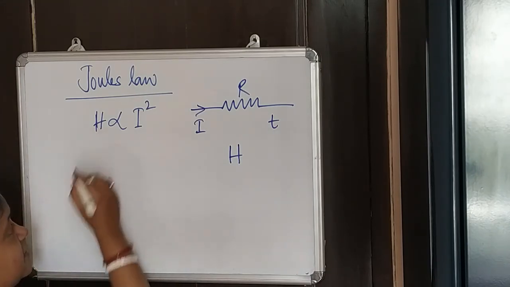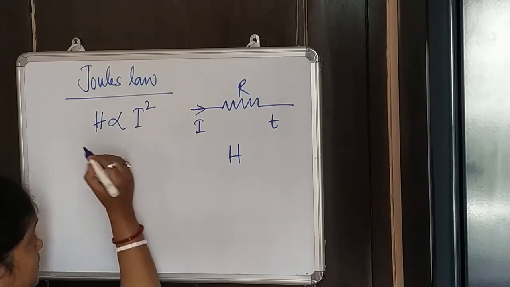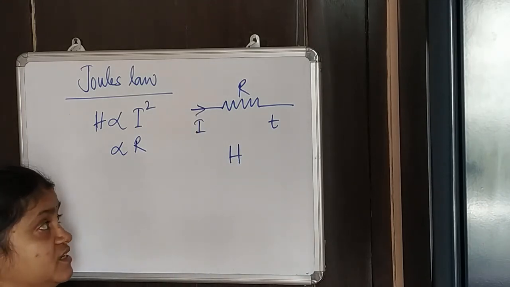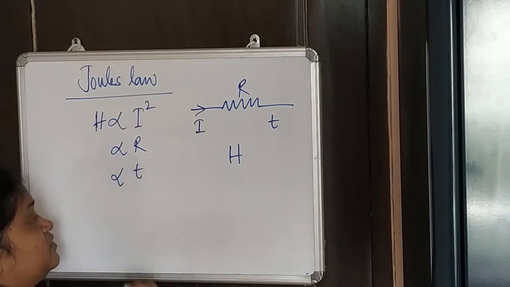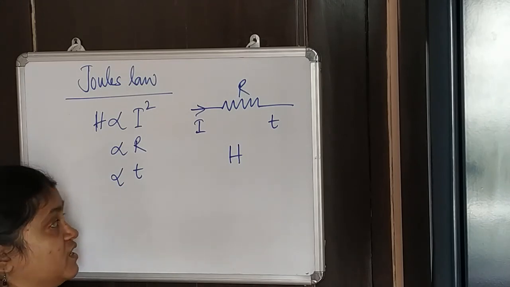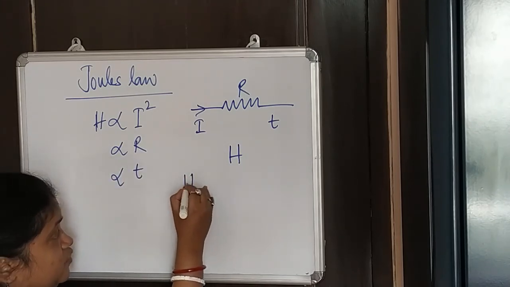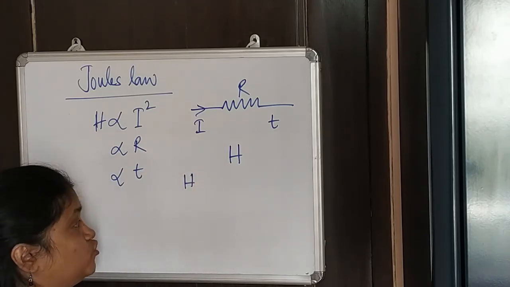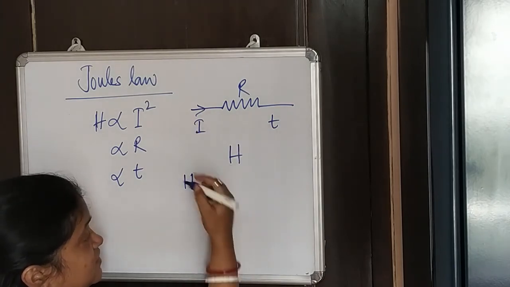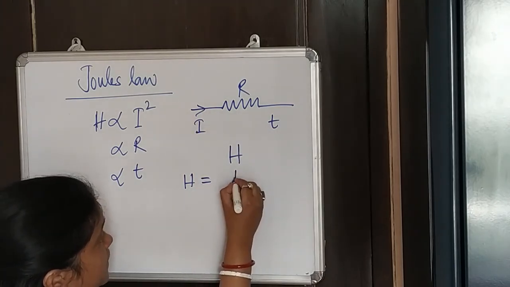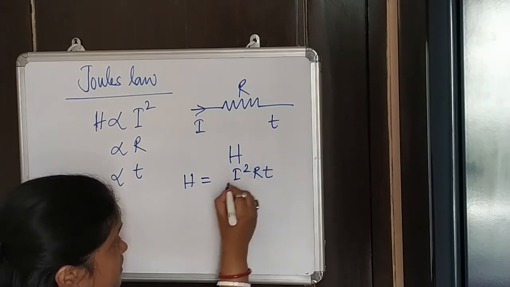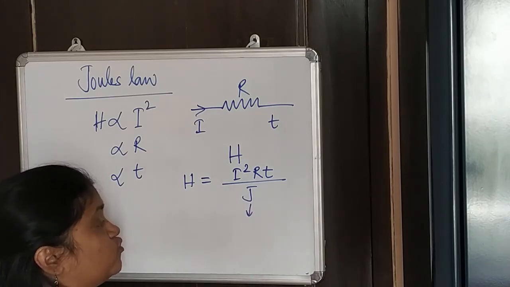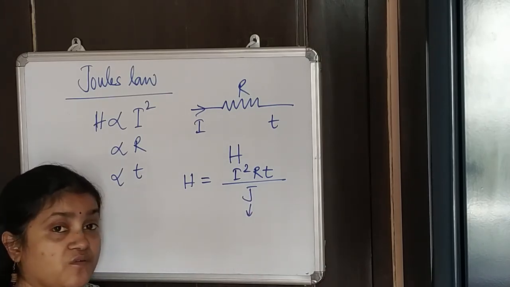He also said that this heat would be proportional to the resistance of the circuit and also the time for which the current is flowing. So finally, in Joule's law of heating, which is also called the first law of Joule, heat produced in a circuit is equal to I square R T by J, where J is the proportionality constant and we also know J is the mechanical equivalent of heat.